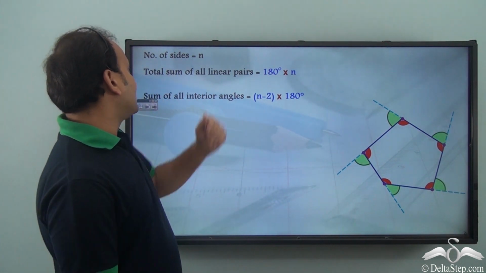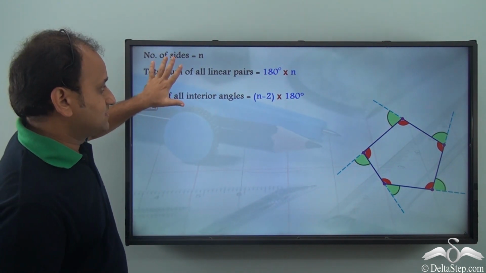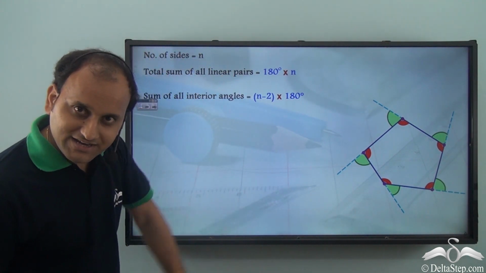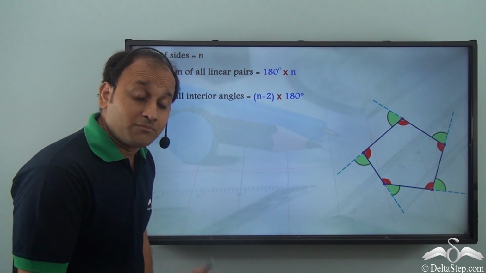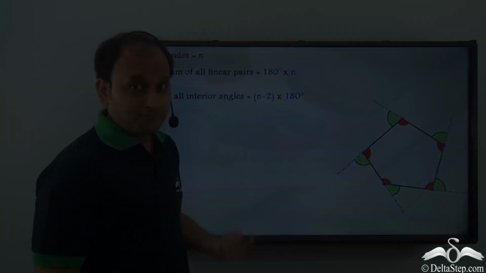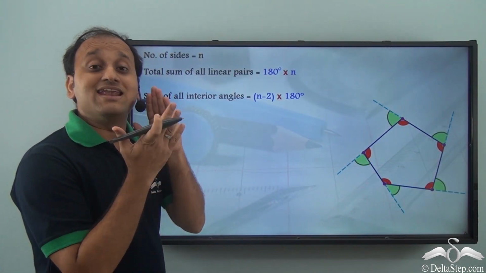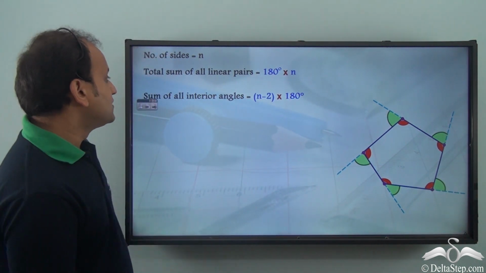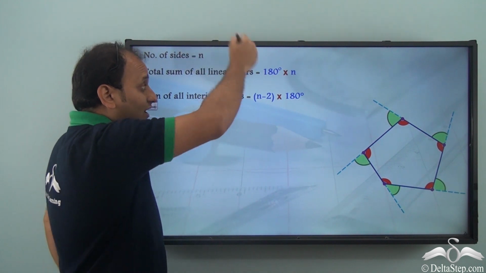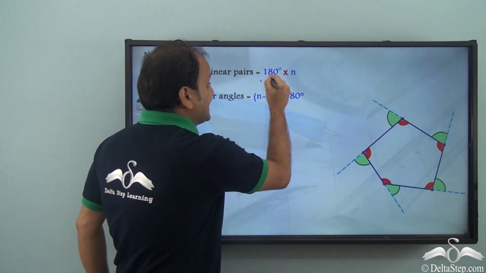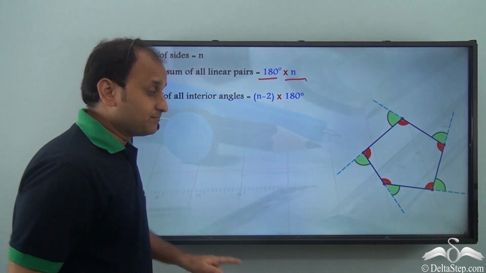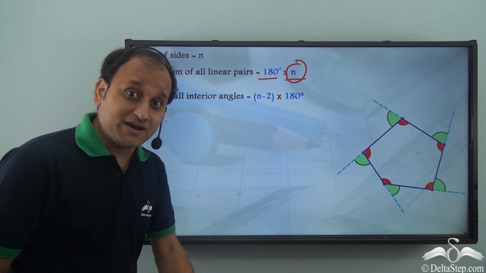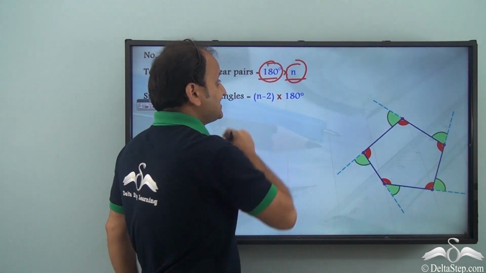So let's try to calculate in this case. What is the information we have? Number of sides is n, right? So what will be the number of linear pairs? It will be n, because the number of sides and the number of linear pairs are always the same in the case of a polygon. So the total sum of all linear pairs will be 180 degrees into n, because there are n linear pairs and each linear pair's value is 180 degrees.